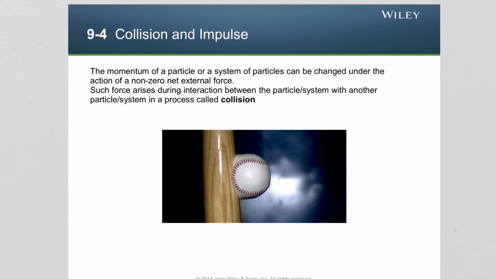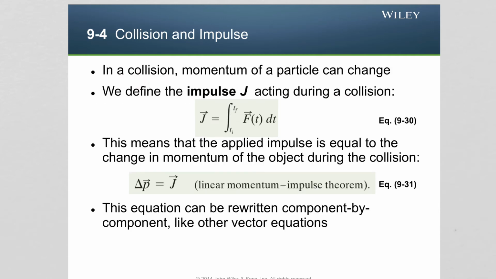This interaction between two particles or between two systems of particles is known as collision. So a particle or a system of particles experiences an external net force when it undergoes collision with another particle or system of particles. In a collision, the momentum of a particle can change.